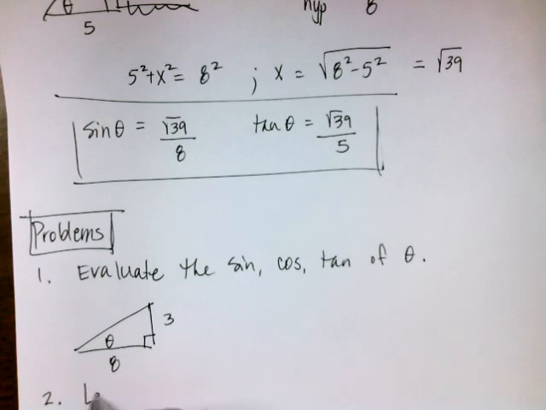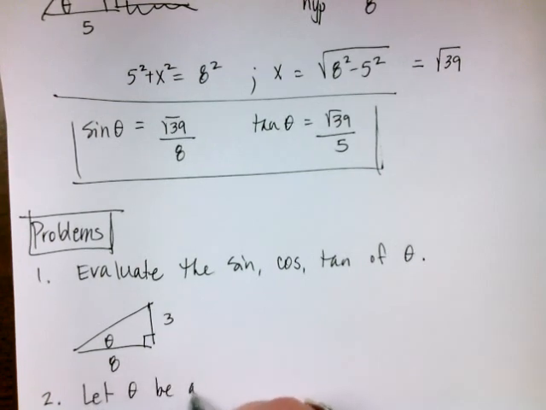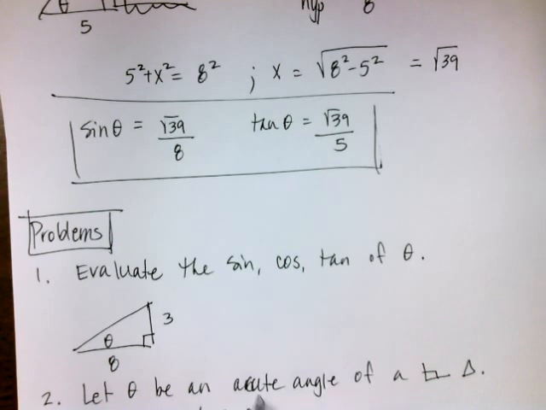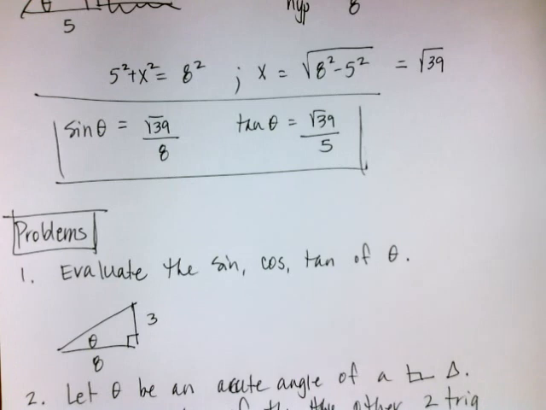Number 2 is going to say let theta be an acute angle of a right triangle. Find the values of the other two trig functions, and then leave your answers in radical form.